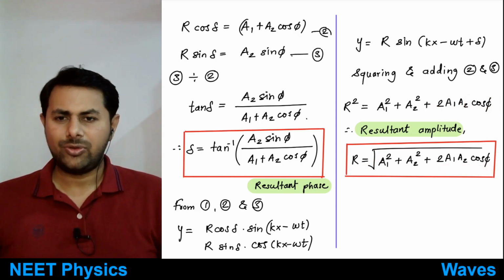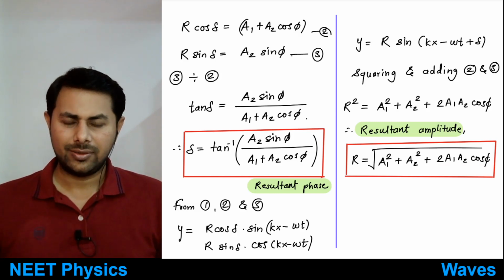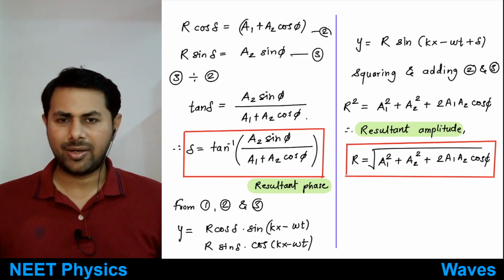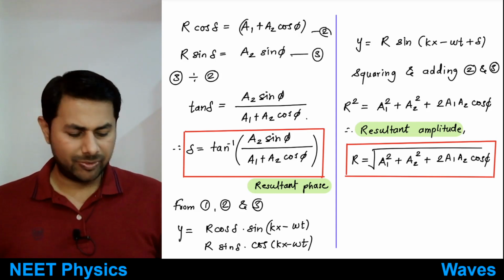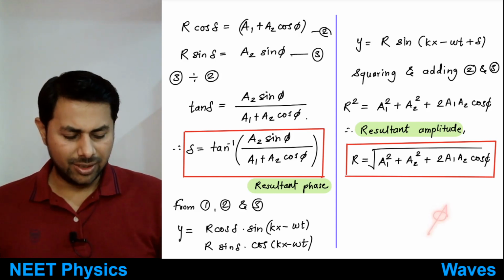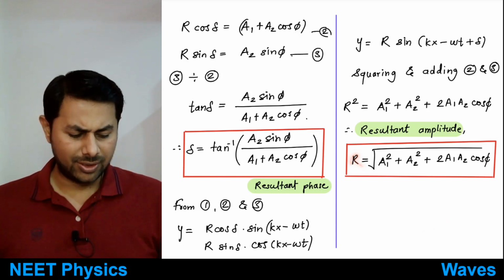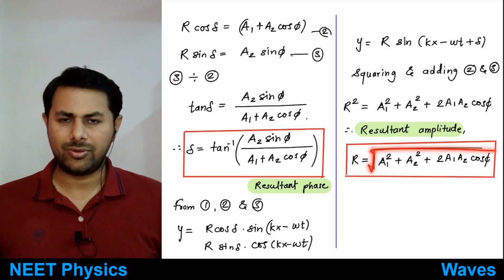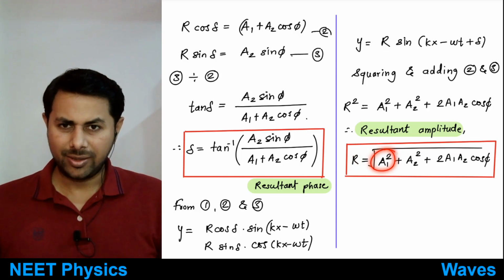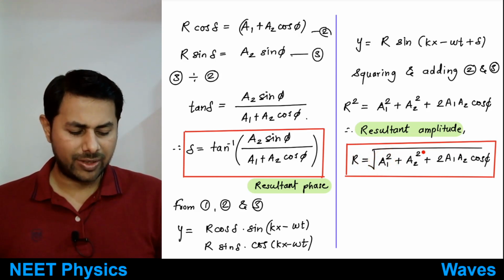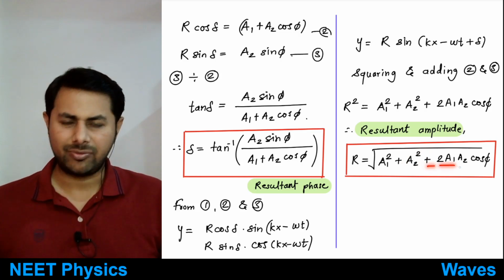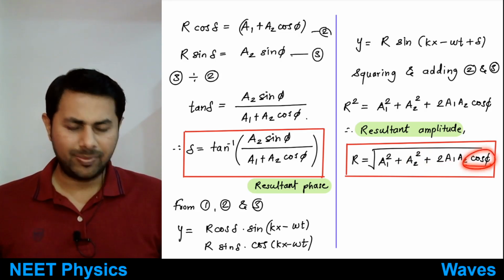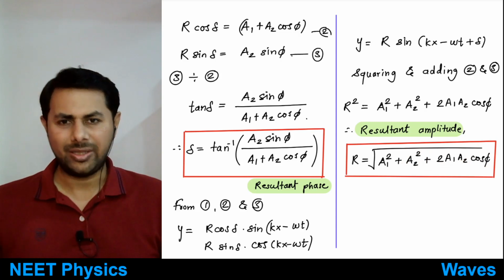So in a nutshell, if you add two waves having different amplitudes but the same frequency and some phase difference phi between them, the resultant amplitude would be the square root of the amplitude of the first wave squared plus the amplitude of the second wave squared plus 2 times the amplitude of the first into the amplitude of the second multiplied by cos of the phase difference between them.